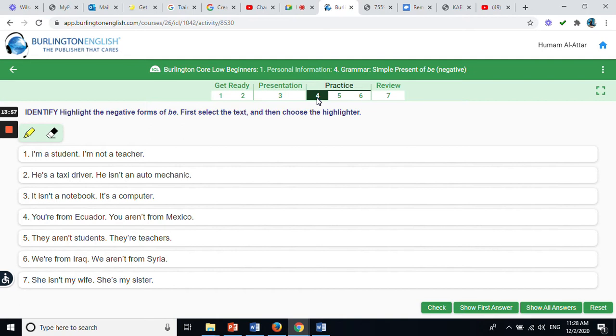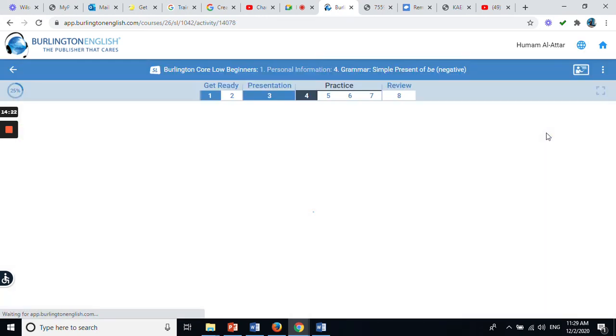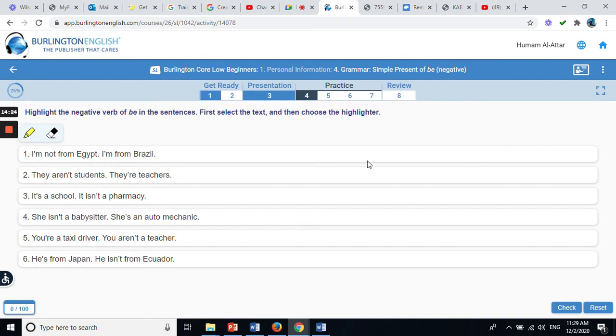We need to identify the negative forms of be. First, and this is also for you, I think this practice also is available in your student lessons. Let's check. Yes.